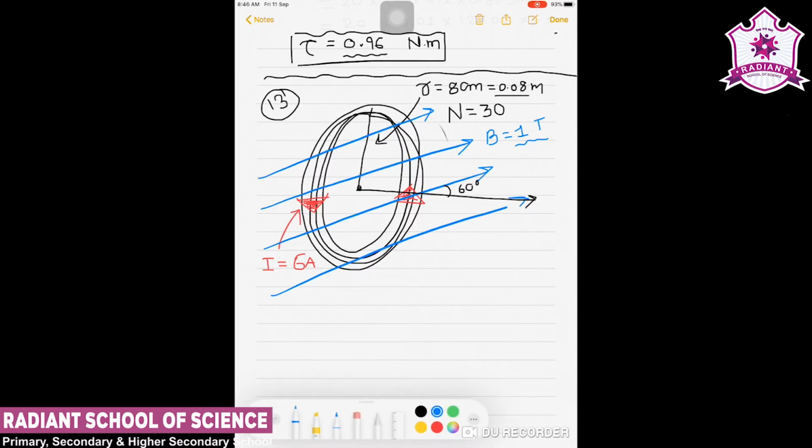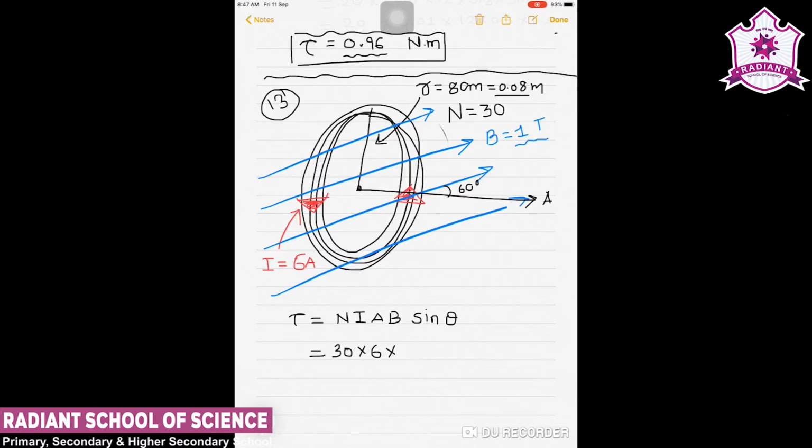So as we applied the previous equation, we apply again tau is equal to n I A B sine theta. Here the area will be pi r square. So the number of turns we are given is 30, the current flowing is 6 ampere, area we apply pi r square, B's value is given, that is 1 Tesla, and we are provided sine 60.